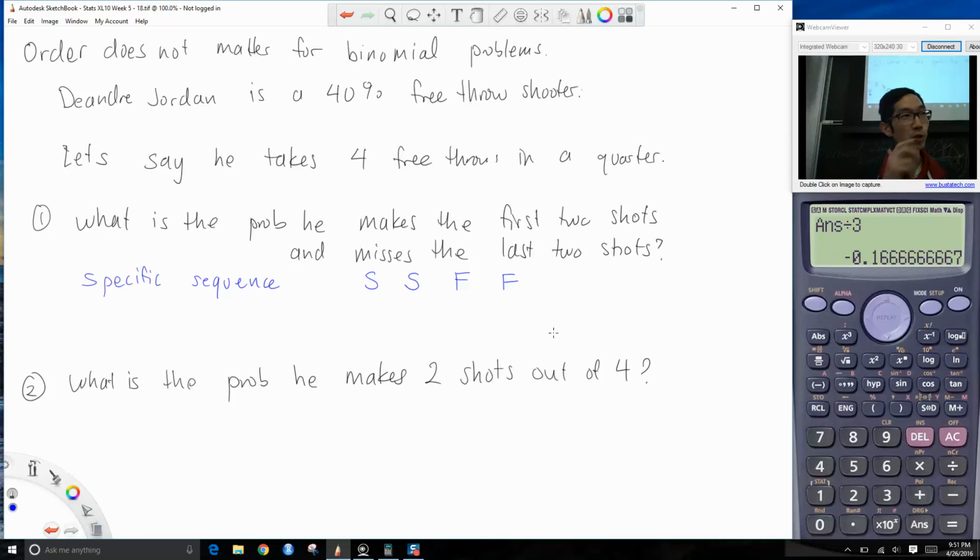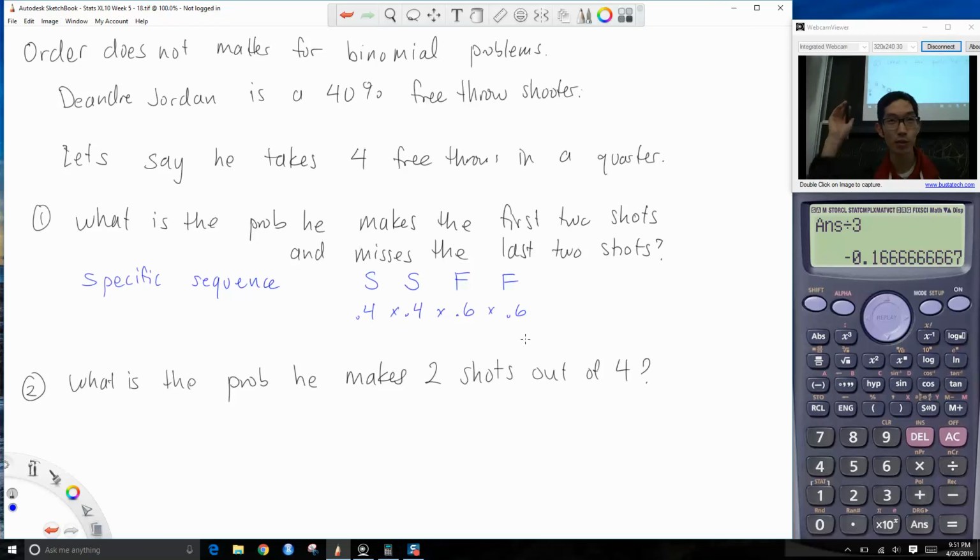So this becomes just a regular old probability problem with independent events, and how would I calculate this probability? 0.4 times 0.4 times 0.6 times 0.6, okay? Because all 4 of these things have to happen in this order, right?